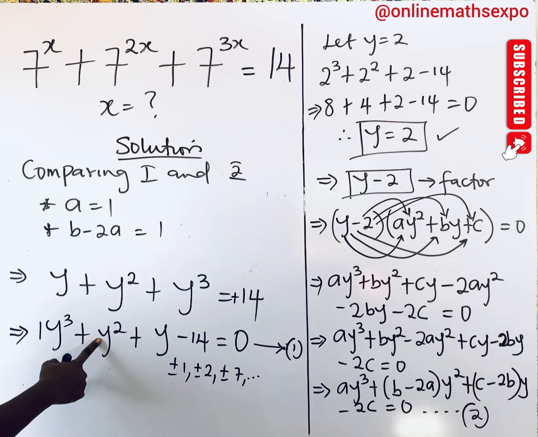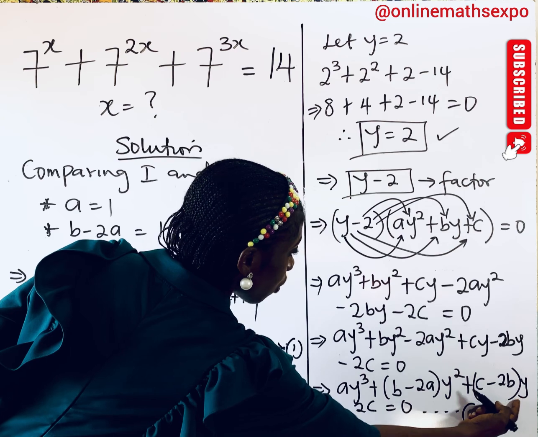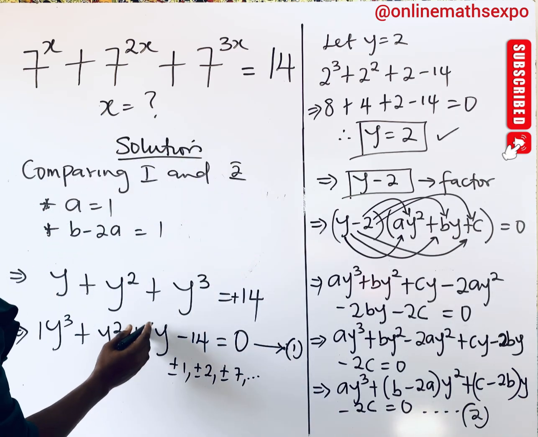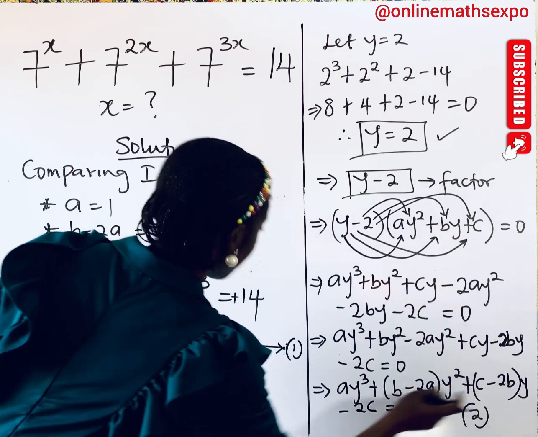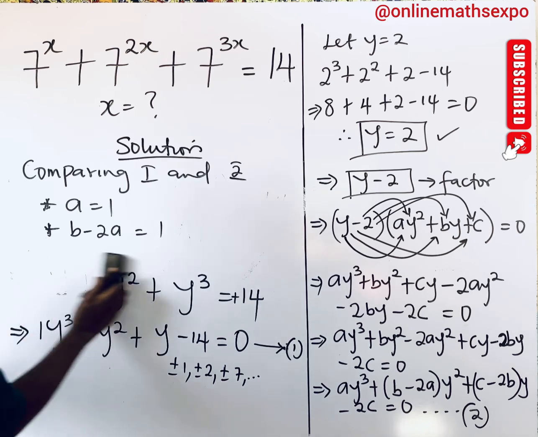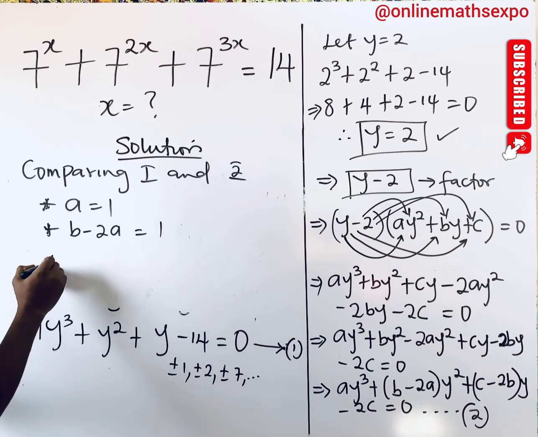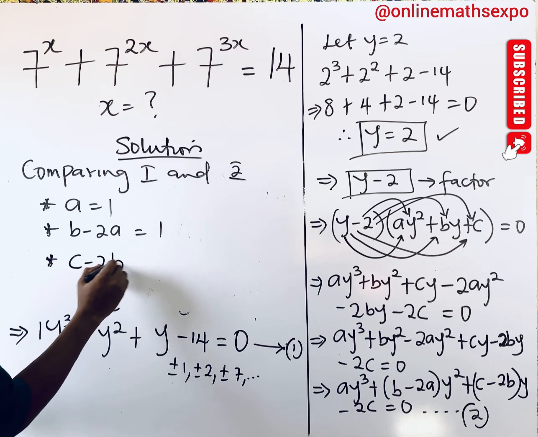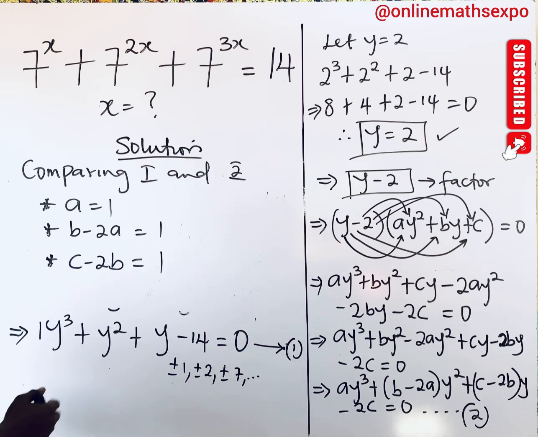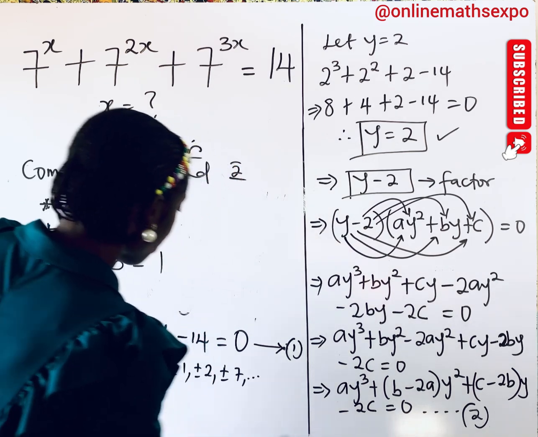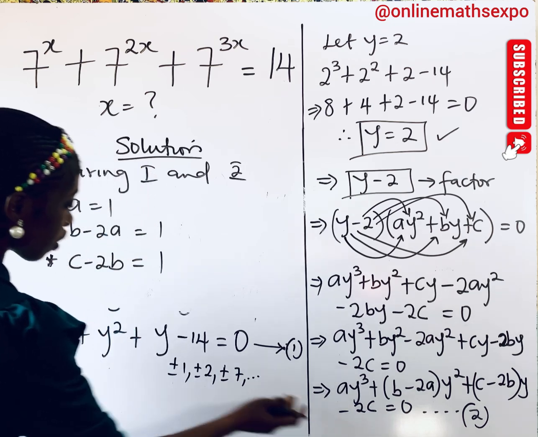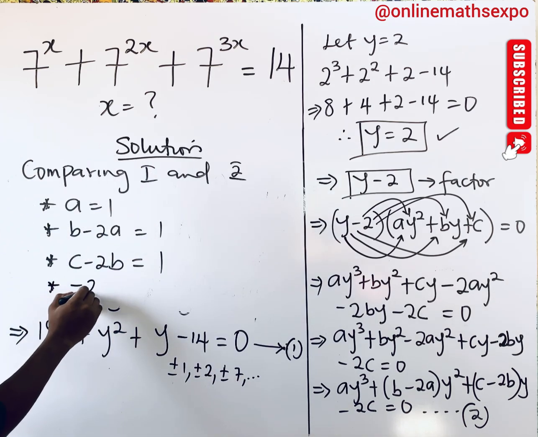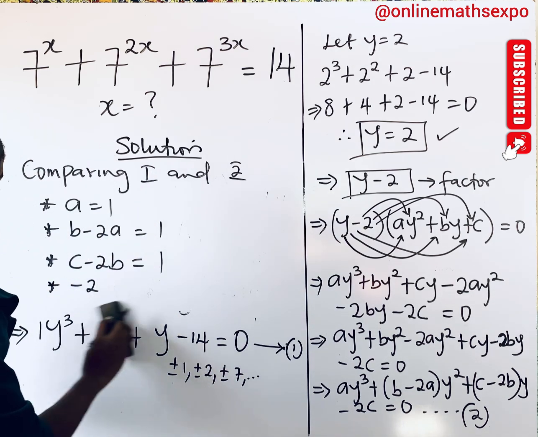I hope you are getting it. Then for this y, compare it with this. The coefficient here is 1 and this is c − 2b. So if you compare, this gives us c − 2b = 1. Then −2c, which is the constant, is equal to 14. So we are done comparing.